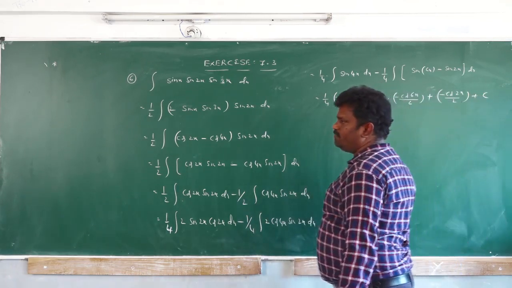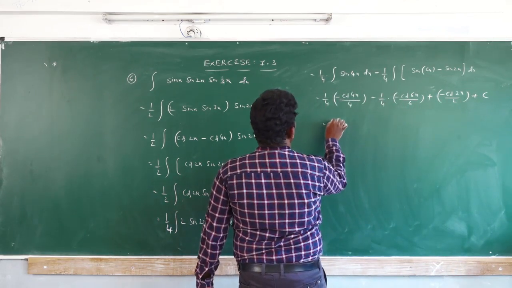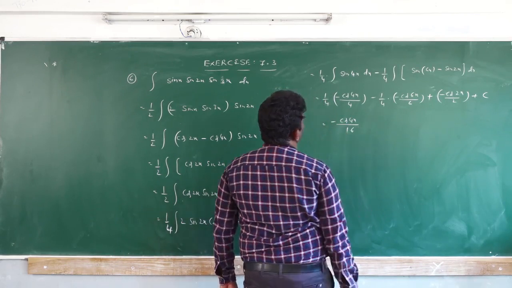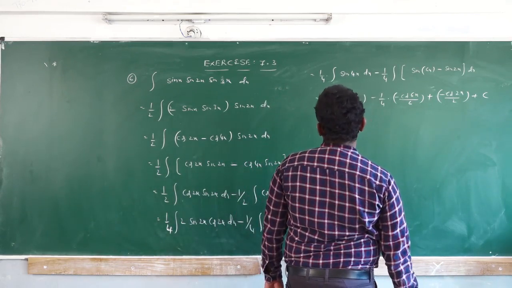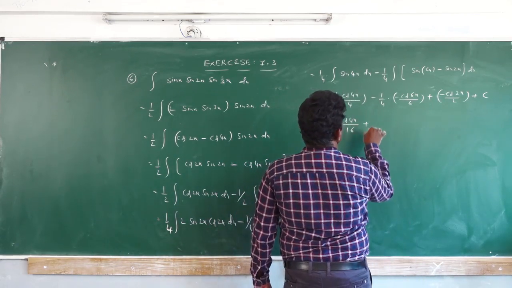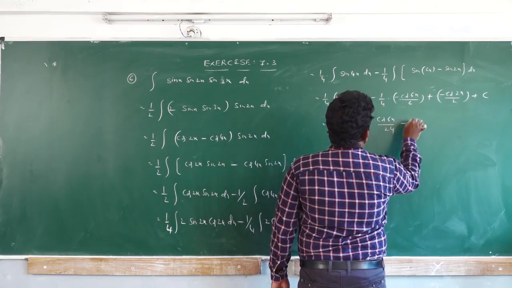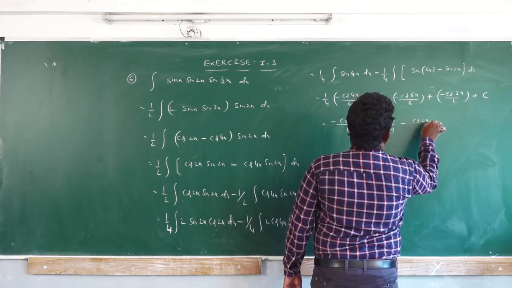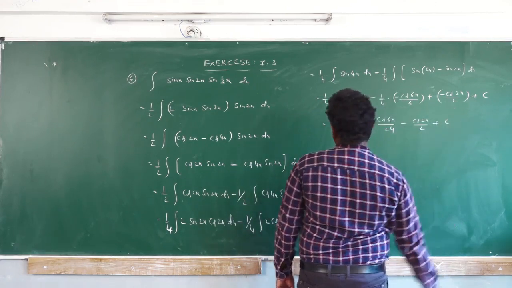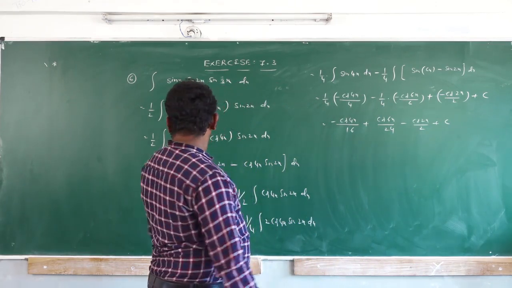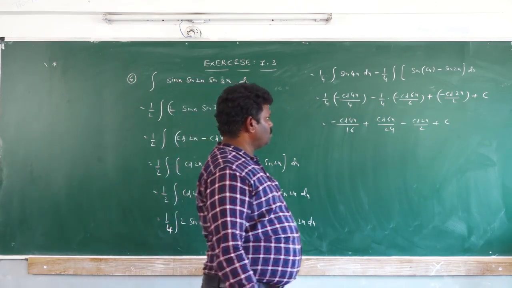Then finally we get minus cos 4x by 16, plus cos 6x by 24, minus cos 2x by 8 plus c. Okay?